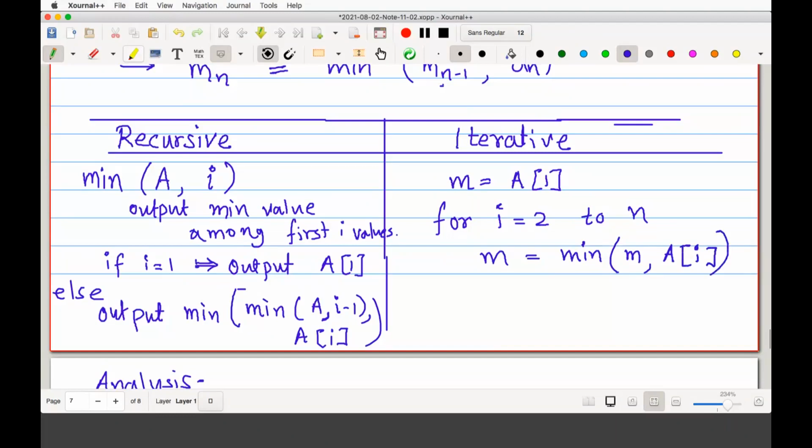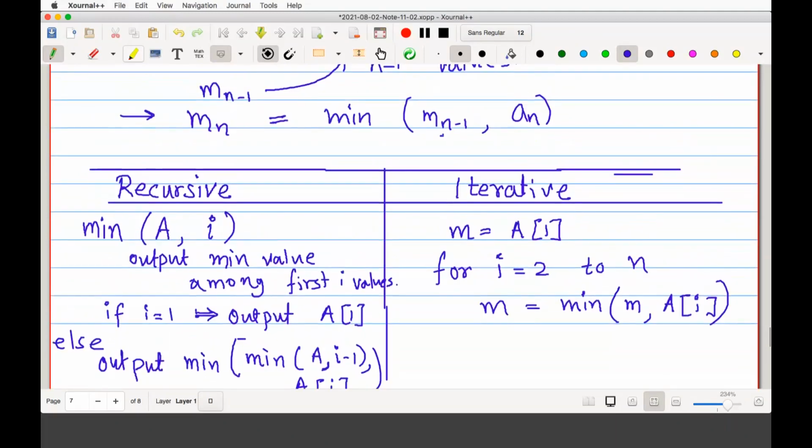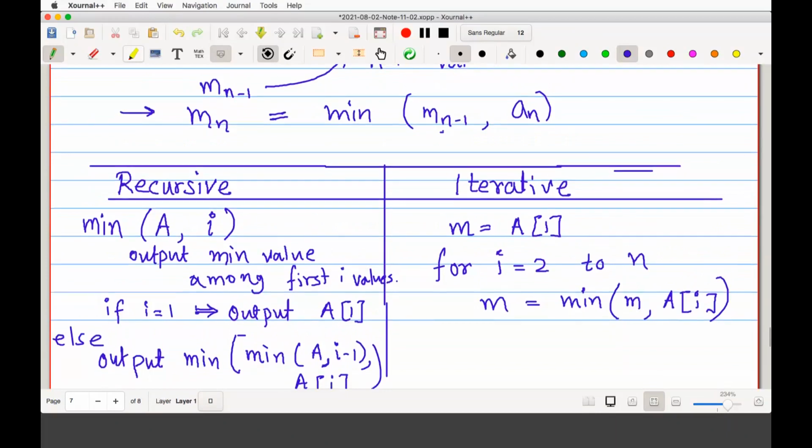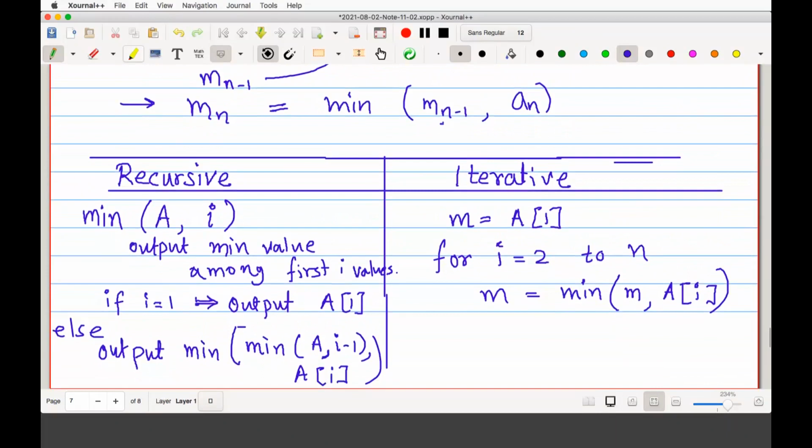So that's it. Essentially both the algorithms are using the same idea that once you know the minimum value among the i minus 1 entries, you can compute the minimum value among the first i entries. The same idea is implemented here using recursion, and here using iteration.